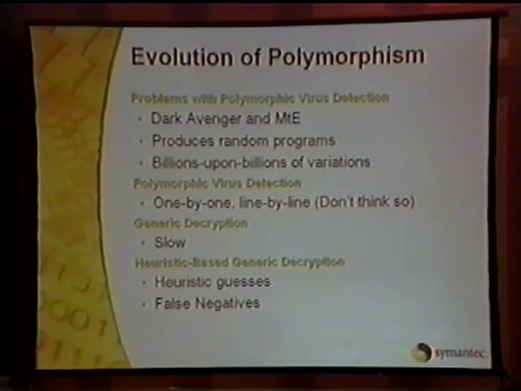The next thing that they tried was called generic decryption. Generic decryption relies on behaviors and techniques that trick the virus into decrypting itself and revealing itself within the program.